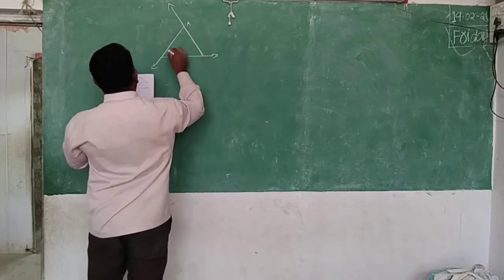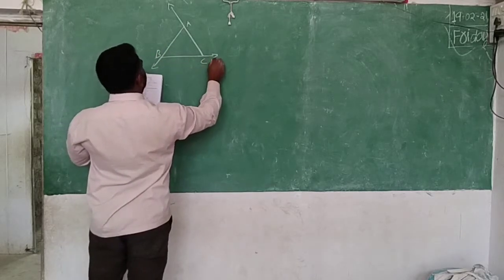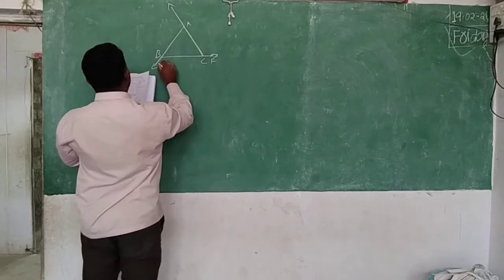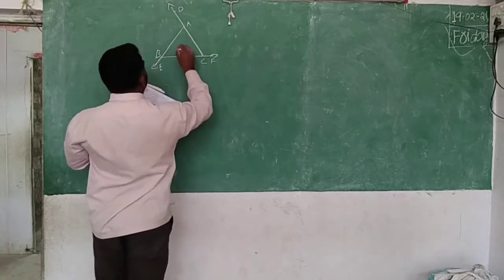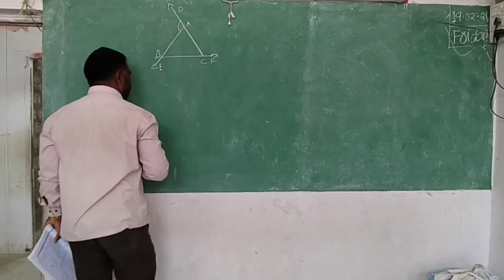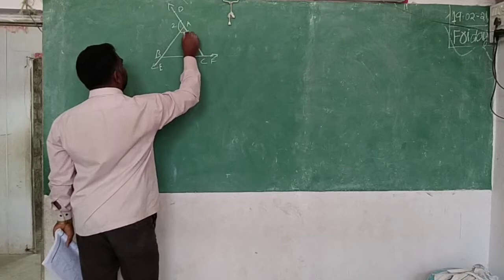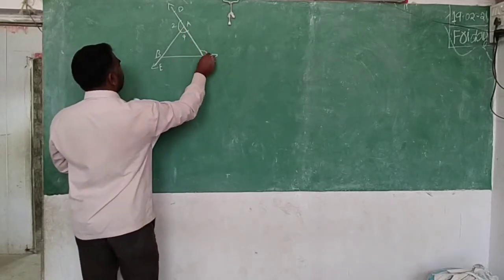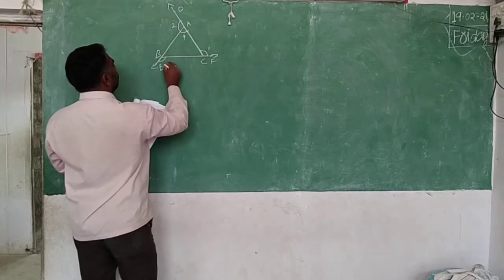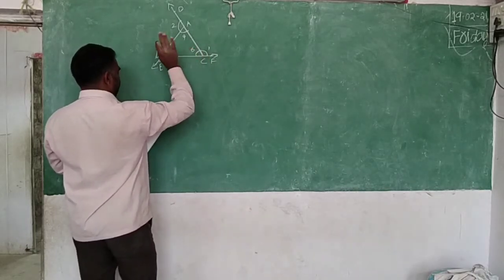So it is A, B, C, and here F, and here E, and here D. And this is which angle? Exterior or interior? Exterior. This is interior. This is exterior. This is interior.